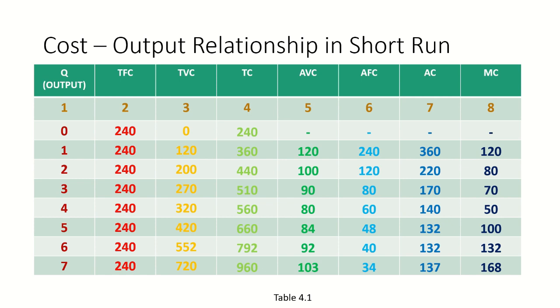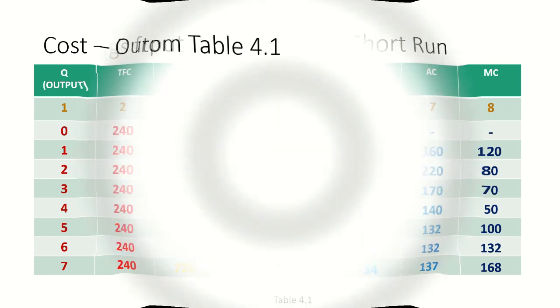And marginal cost, we know, is the change in the total cost due to the change in the input. So for finding the MC, we subtract the change in total cost.